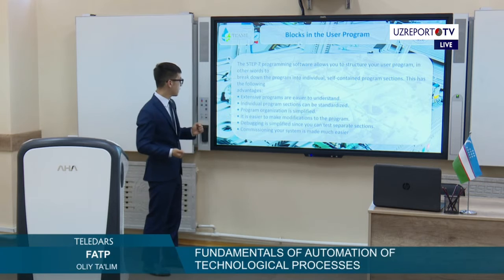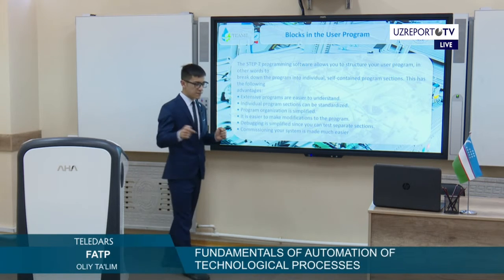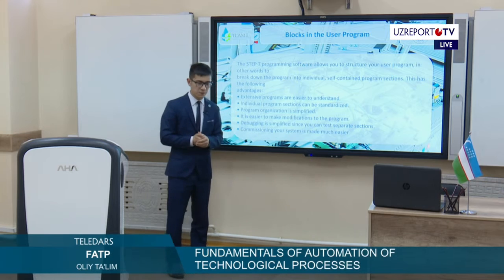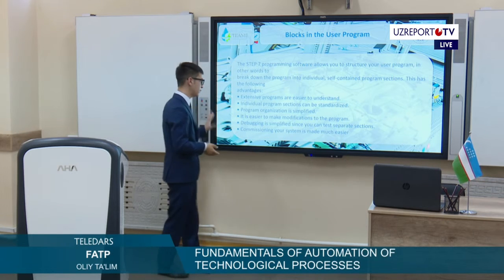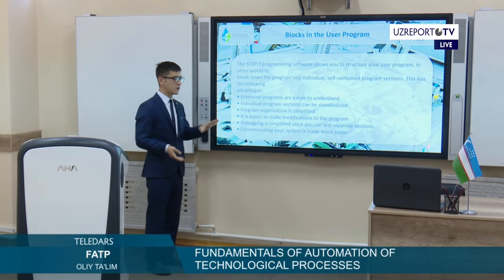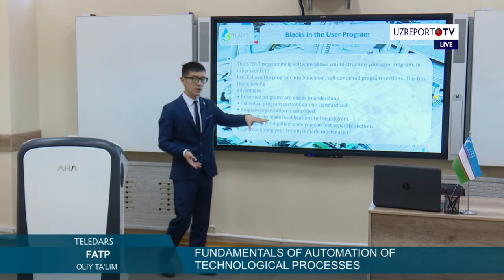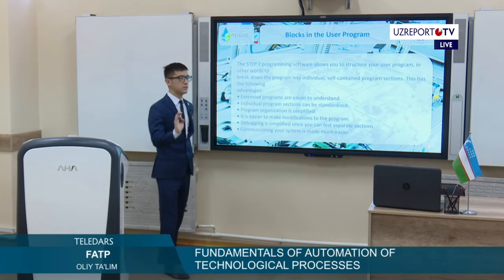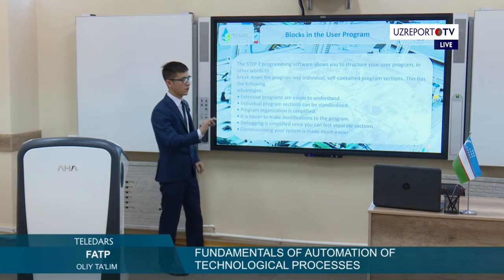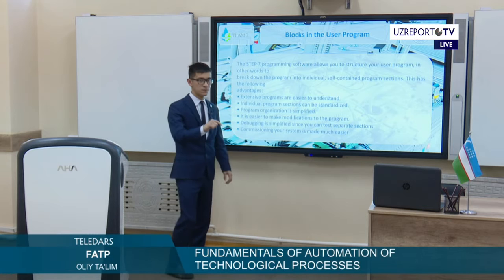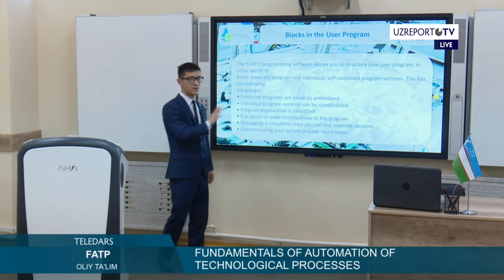And the last one is that commissioning your system is made much easier. Step 7 has its own certification, and all the programs which you make are useful and recommended for production. You don't need a special programmer working in the manufacturers. If you can work with Step 7, it's enough.